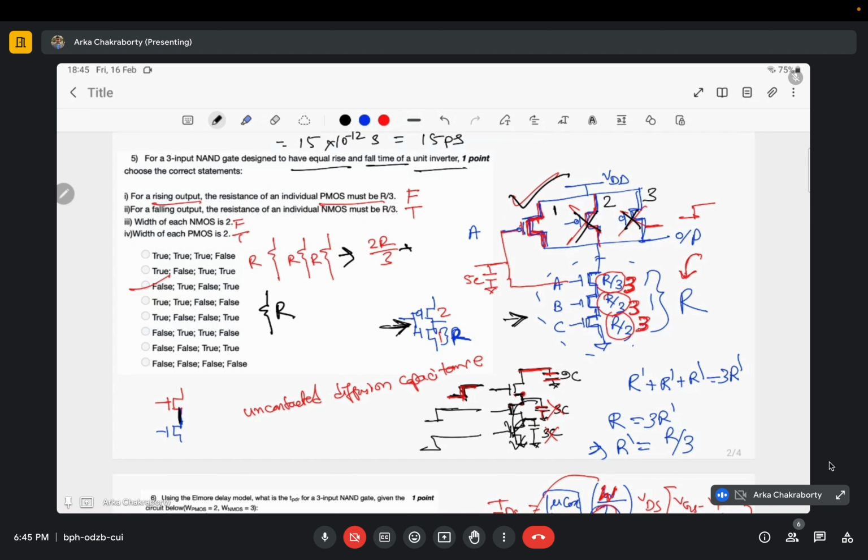If it was 2R by 3, it would be my contamination delay, the best case. And if it is R, it would be my worst case, or propagation delay. So in this propagation delay, the worst it can be is R, that is the resistance of my unit inverter. So I don't need to change anything in the previous value of W. Here, as it was 2, I will take the new W also as 2.